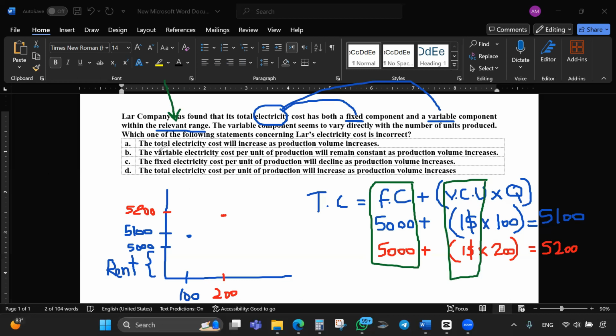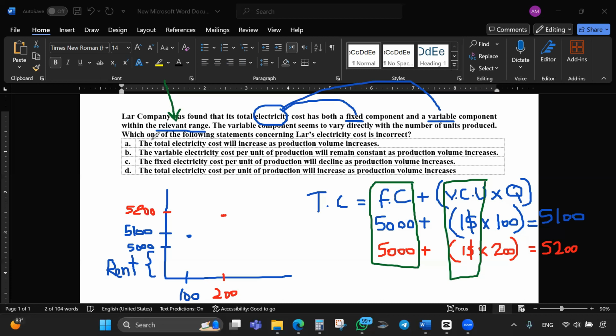What if we are outside the relevant range? If we are outside the relevant range, the fixed cost may increase, may change to be 10,000 or 12,000 or whatever. Also, variable cost may decrease to be 0.9 or 0.8 or something like that.